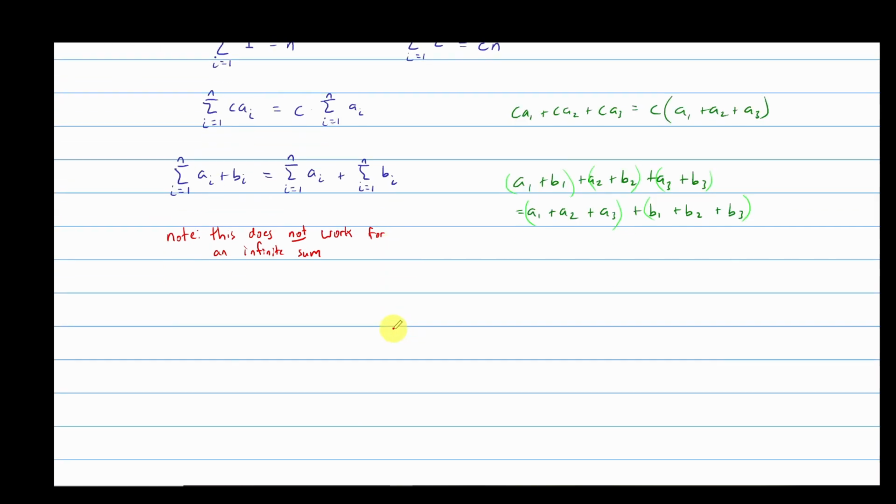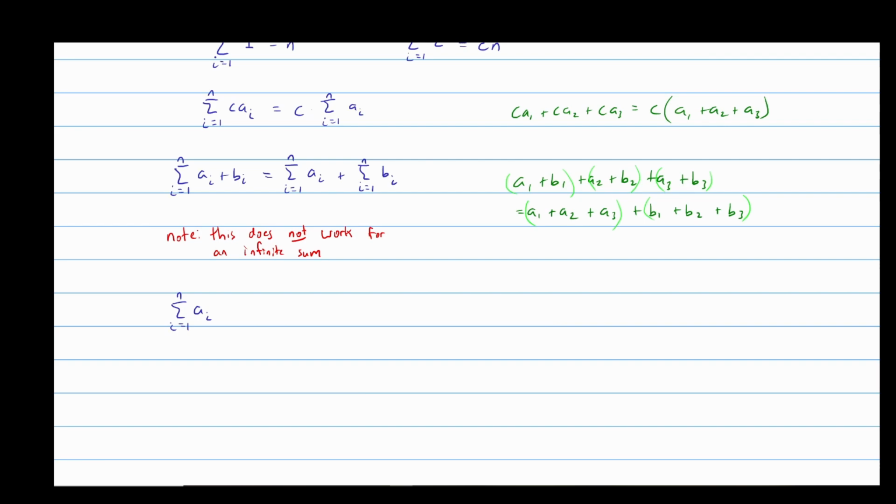All right. And then let's look at one more property. This one, I'm not going to write out a little example here. Well, maybe I will, but this one isn't really something that we think about doing with addition. It's really special to sigma notation. So let's suppose I have the sum from 1 to n of a sub i.